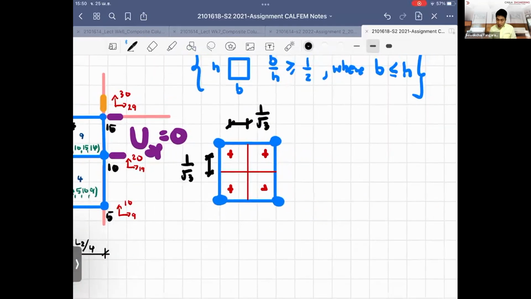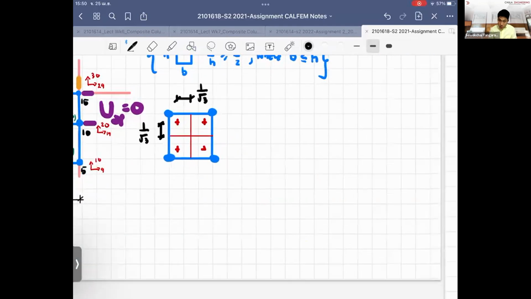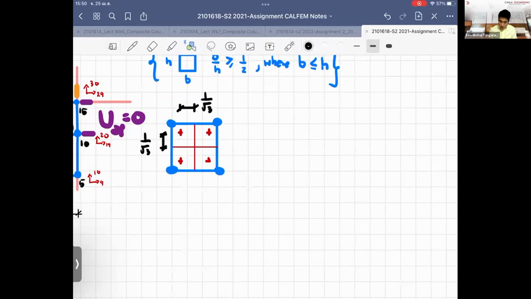When we take the integration by taking the Gauss point, what it means is that the distribution of the stress normally is a nonlinear distribution.